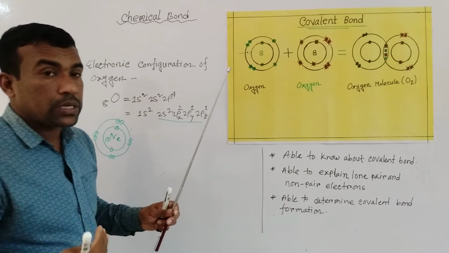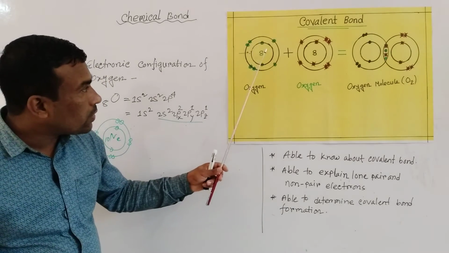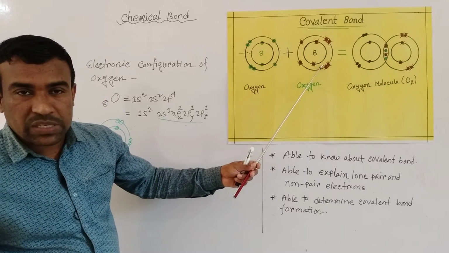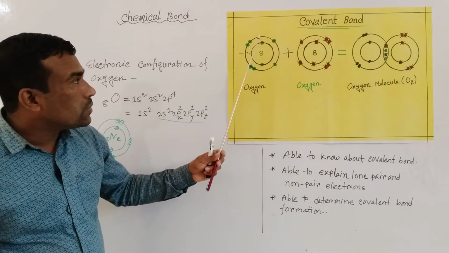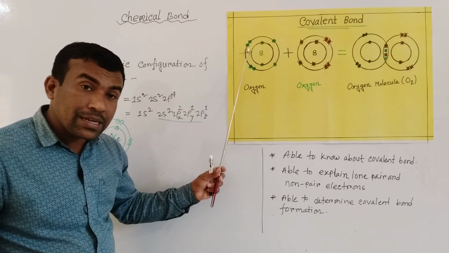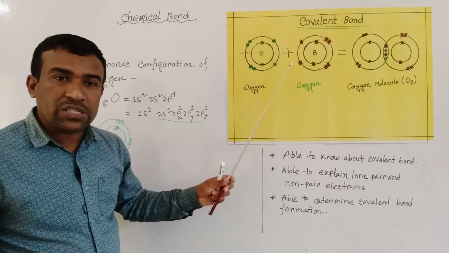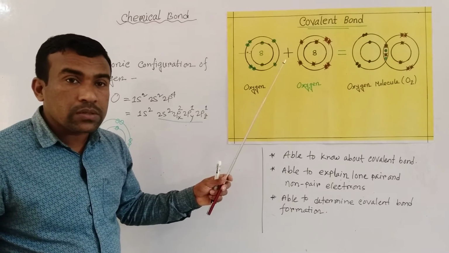So if we discuss again: when oxygen and another oxygen come near each other, oxygen has a tendency to acquire the electronic configuration of its nearest inert gas. When both oxygen atoms come near each other, they are not able to donate electrons.